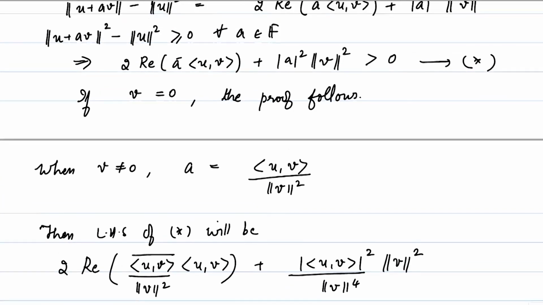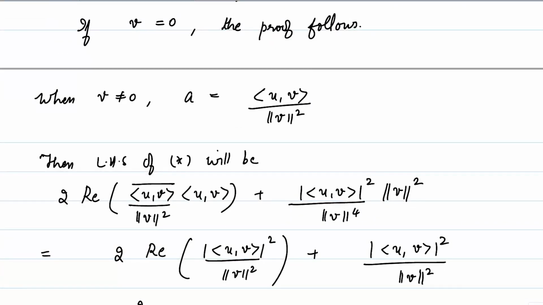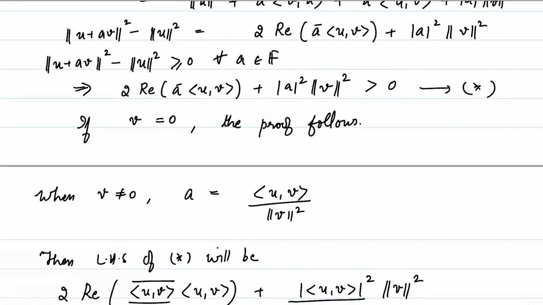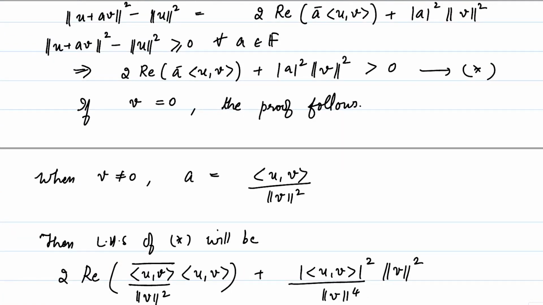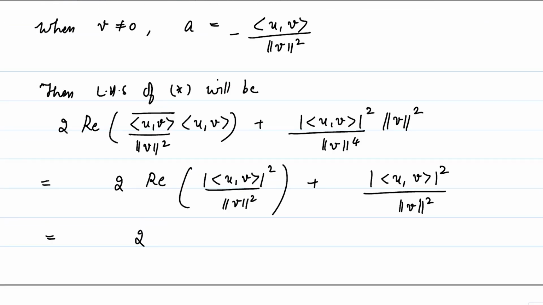let me be a little careful here, so let's do one thing. This will not work, so what we'll do is we'll change the sign a bit. Let's put A to be minus of this number. That is when the fun begins.